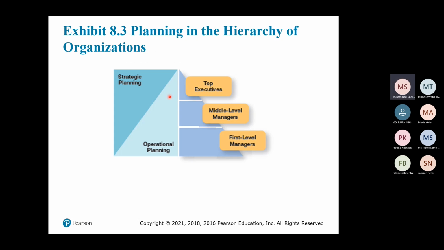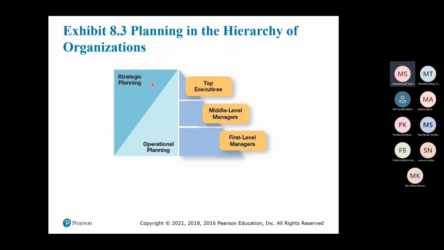All right, so let's go one by one. The first factor is the level of the hierarchy. This figure shows you the relationship between the level of management and the type of planning that they do. For top executives, most of the time they will do strategic planning.